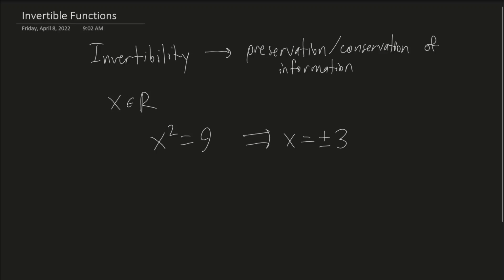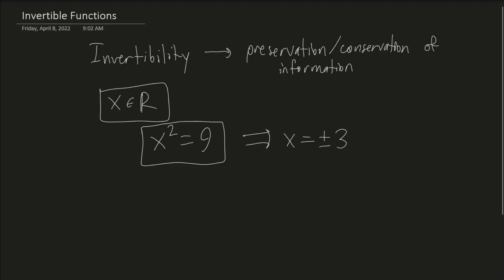That's fine, but this isn't what I want. I want one specific value for x, and you can't guarantee me that, because if all you know is that x is a real number and that its square is 9, you can never know whether it's positive 3 or negative 3.